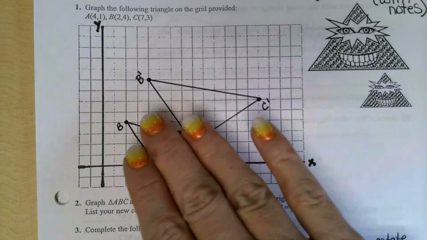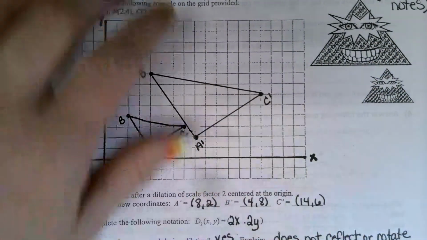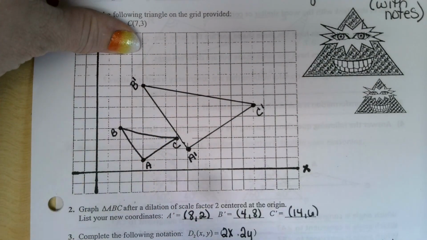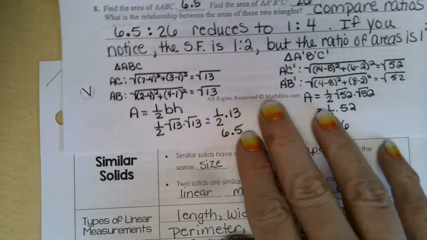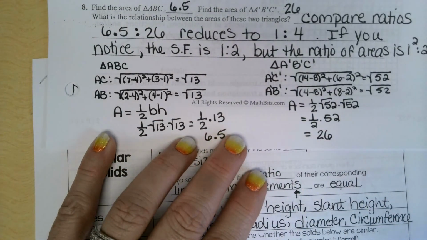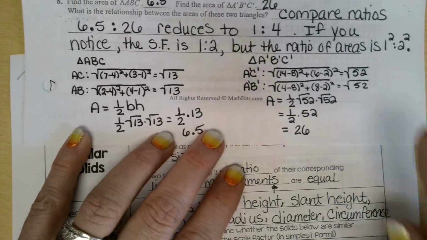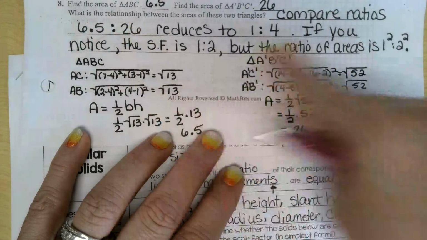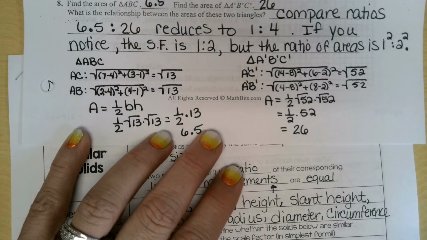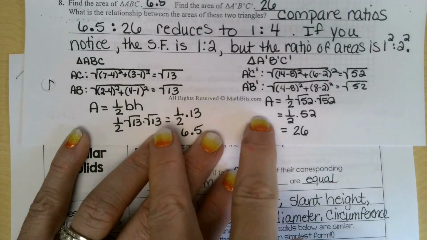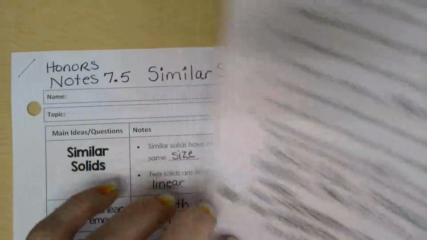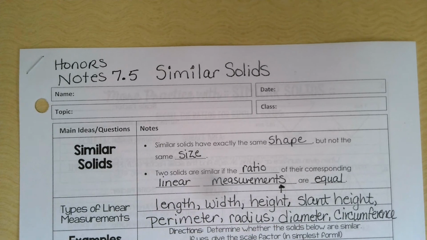Scale factors multiplied by 2, the dilation, the coefficient, but the actual scale factor, if I say from left to right, is 1 to 2. And I want you to notice that the ratio of the areas comes from here. Okay, you may not have known any of that, and that's okay. But at least you could have practiced getting the areas and then waited for me to help you with that. So this is what this entire lesson is about.